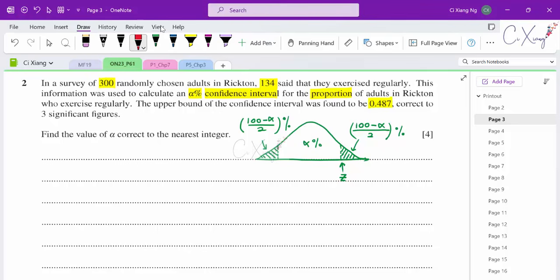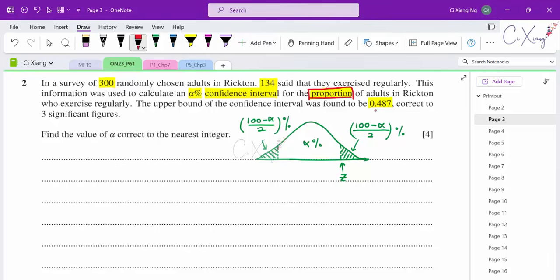We can start from this value here. They are telling us that the upper bound of the confidence interval was found to be 0.487. What is the formula for the upper limit of the confidence interval in this case? Again, I want to emphasize this is the confidence interval for proportion, not for the mean.